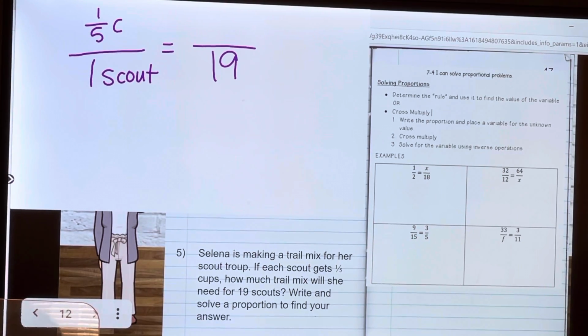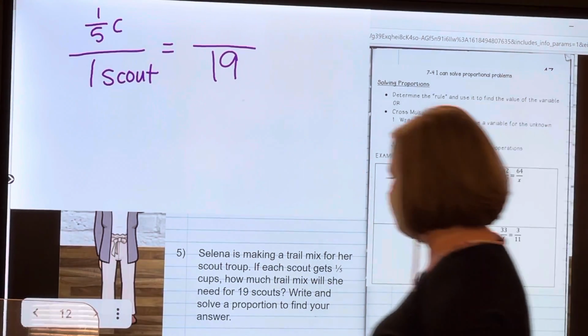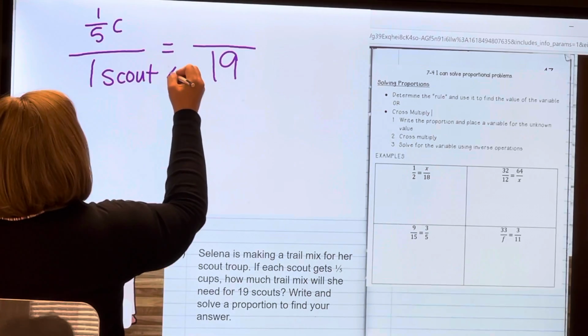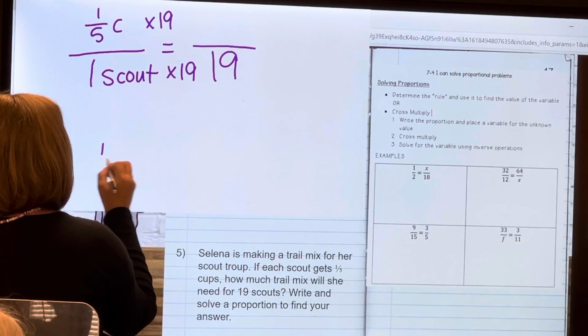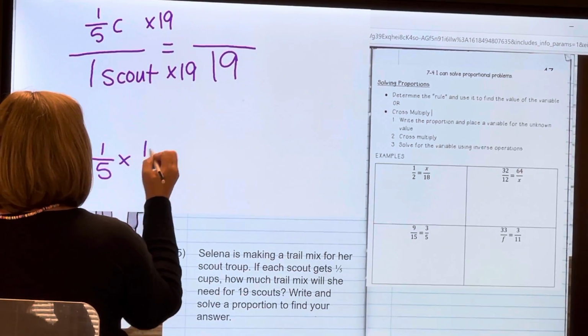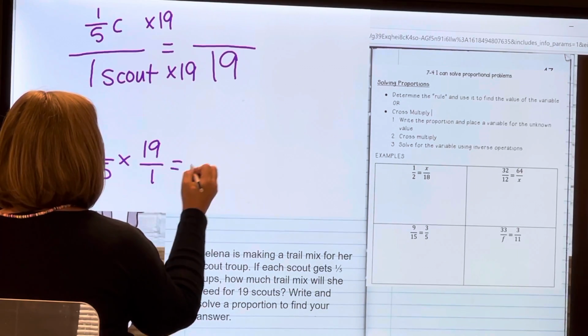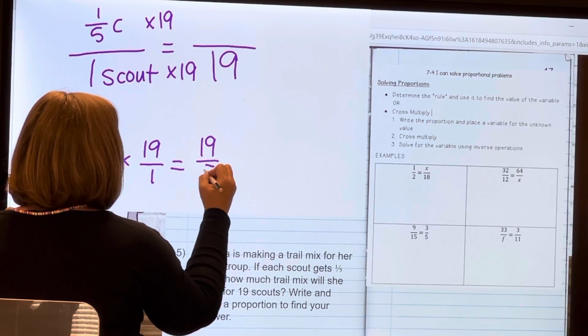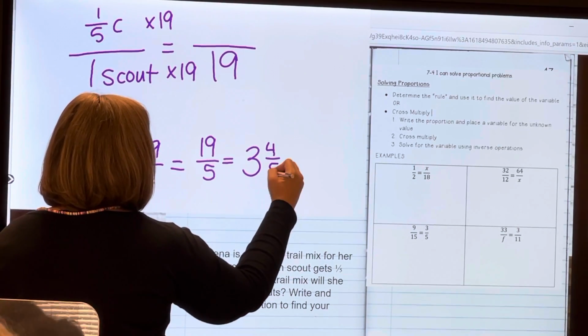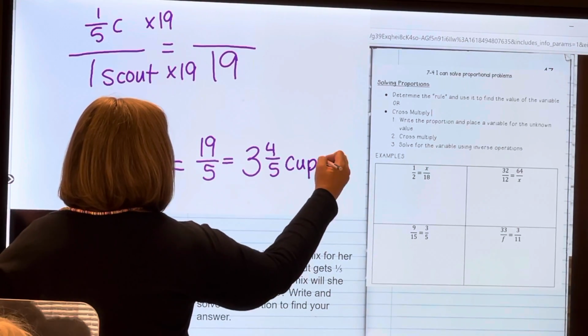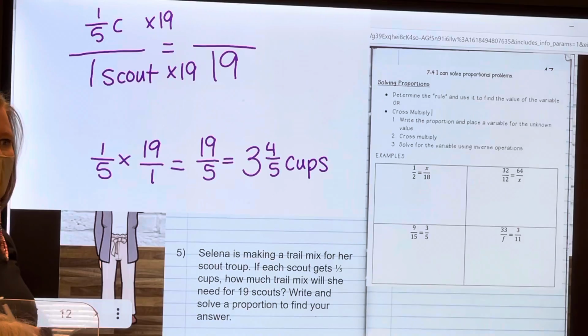That one's right. How many people got 3 4/5 cups?